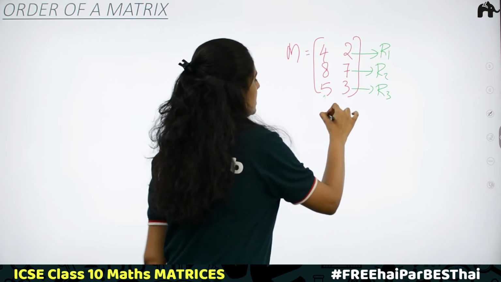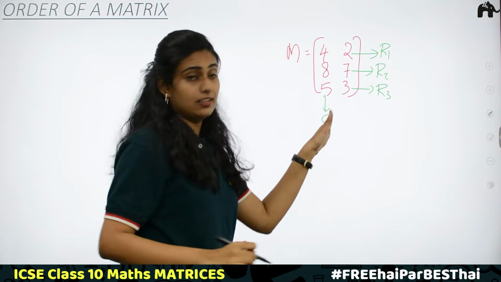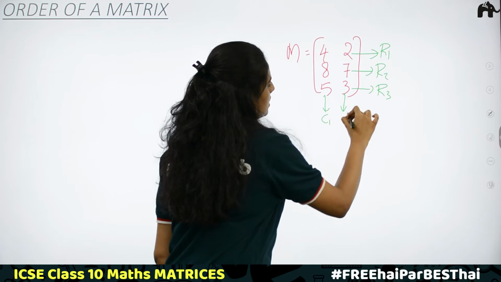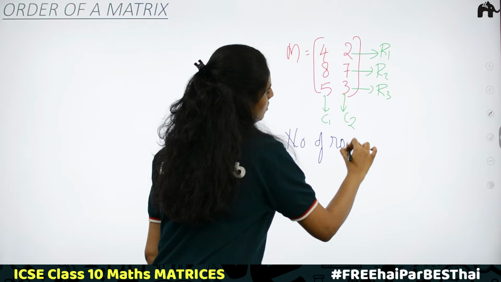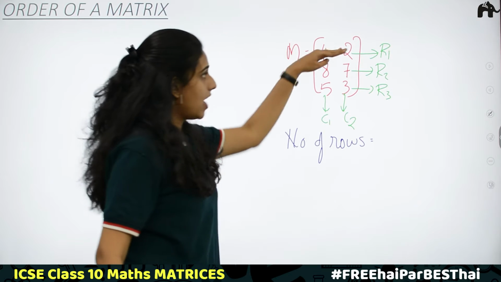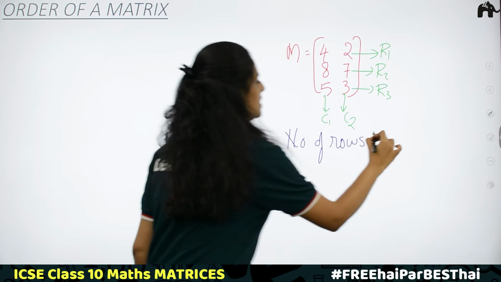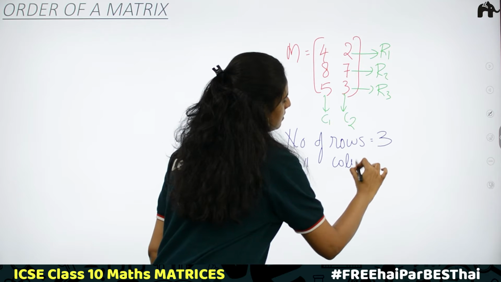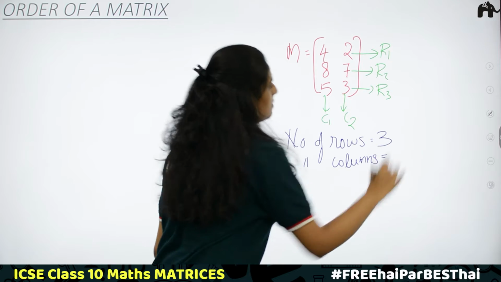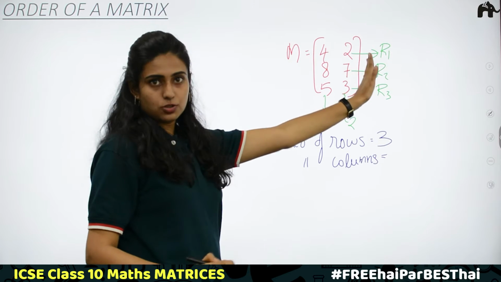Here we have the first column C1 vertical, second column C2. Therefore, what is the number of rows? 1, 2, 3 is equal to 3. Number of columns is equal to 1, 2.